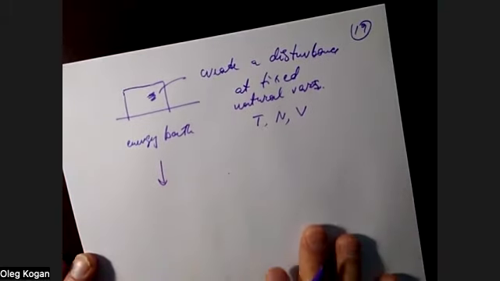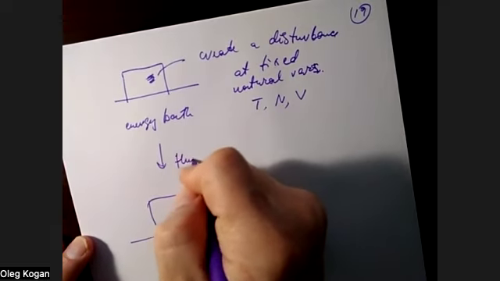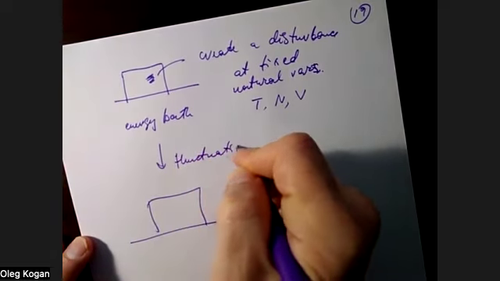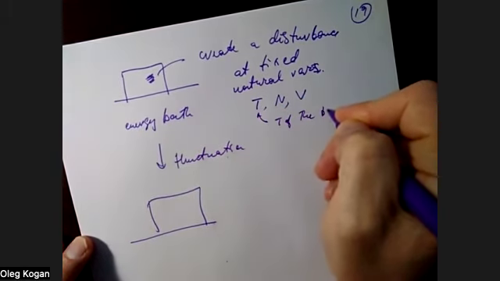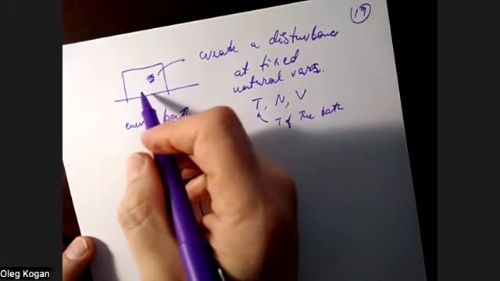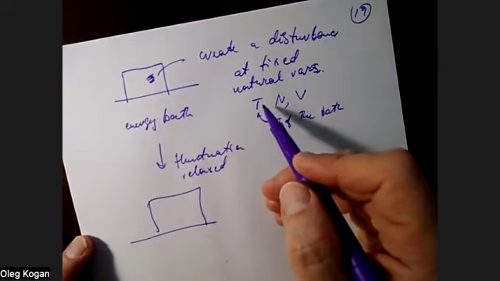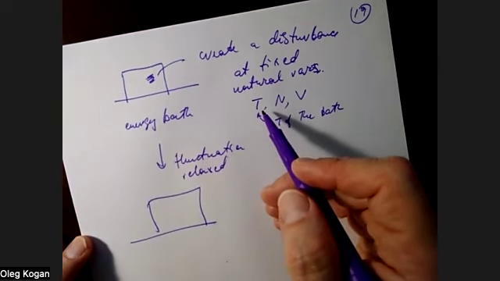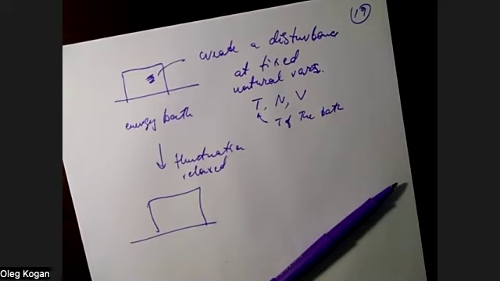And then you watch the fluctuation relax. You can have a fluctuation of temperature of the system, but T of the bath is fixed. Okay, you make a disturbance to create a fluctuation, or it is a spontaneous fluctuation.